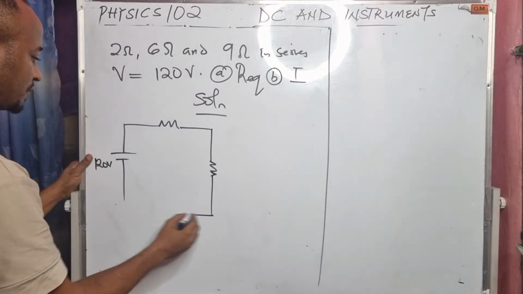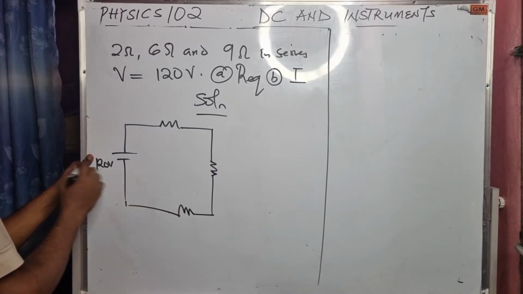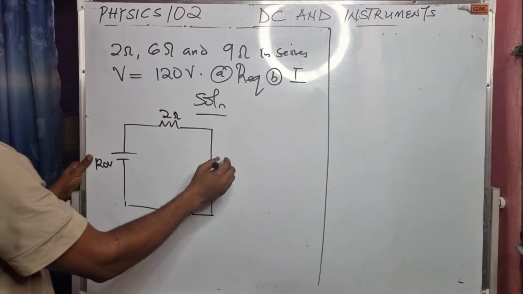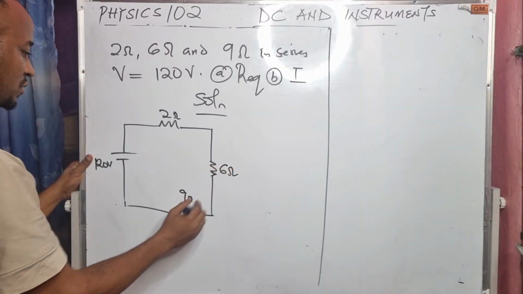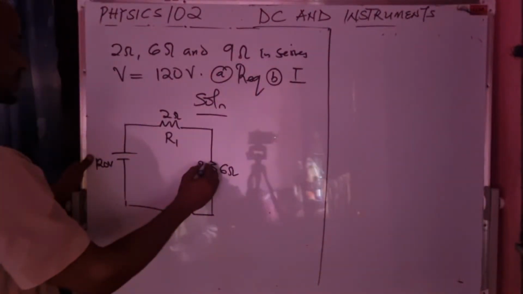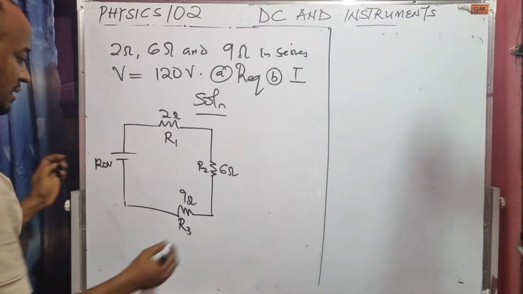We have the third one, which is 9, connected end to end. So we have 2 ohms, 6 ohms, and 9 ohms. Let's call this R1, this is R2, and this is R3.